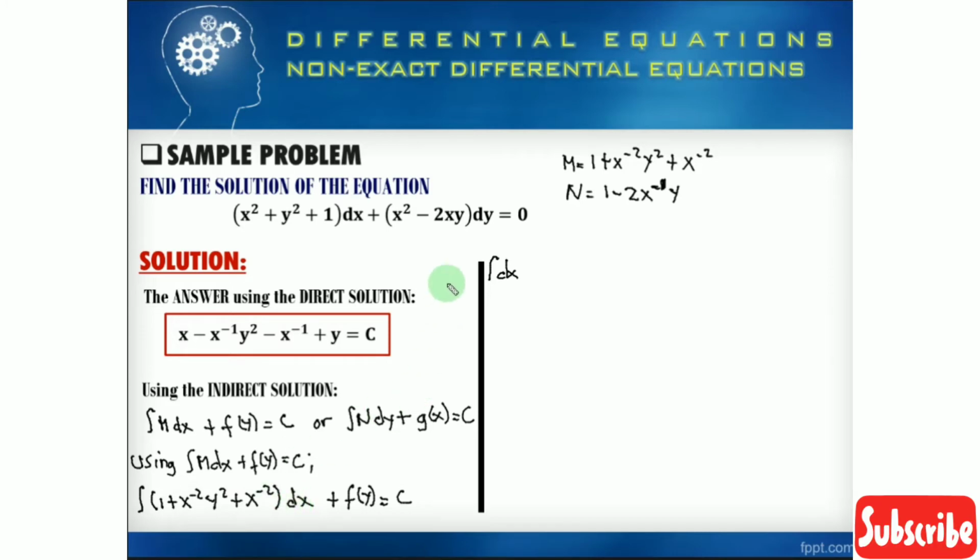So we have here the integral plus, we extract the y squared, so y squared integral of your x raised to the negative 2 dx, and then we have the integral of your x raised to the negative 2 dx, okay. And then this is plus your f function of y is equal to the constant c, okay.